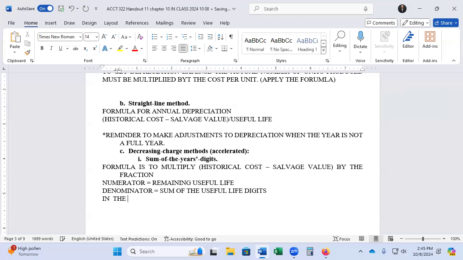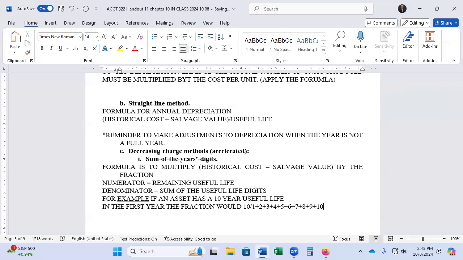So, to give you an example, if an asset has a 10-year useful life, in the first year the fraction would be 10 divided by 1 plus 2 plus 3 plus 4 plus 5 plus 6 plus 7 plus 8 plus 9 plus 10.